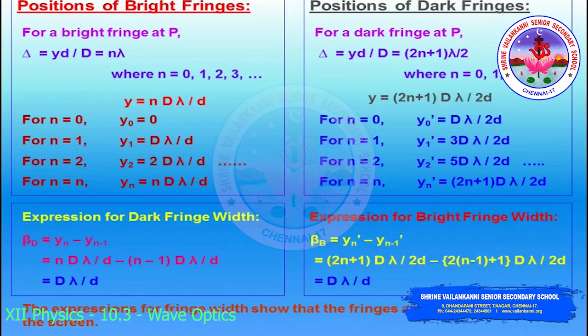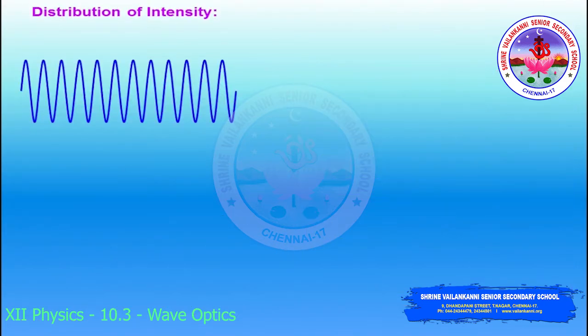Okay. Now we can see the distribution curve for the intensity. The intensity pattern is the same at all the bright points.